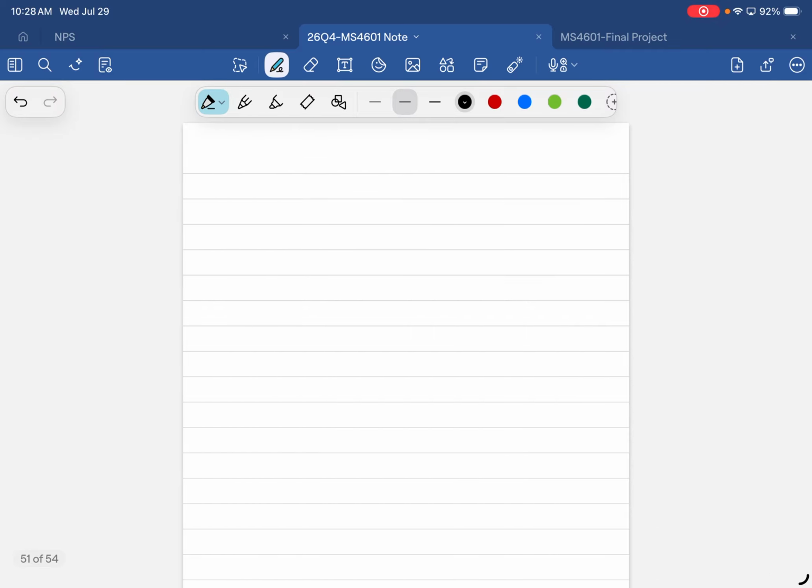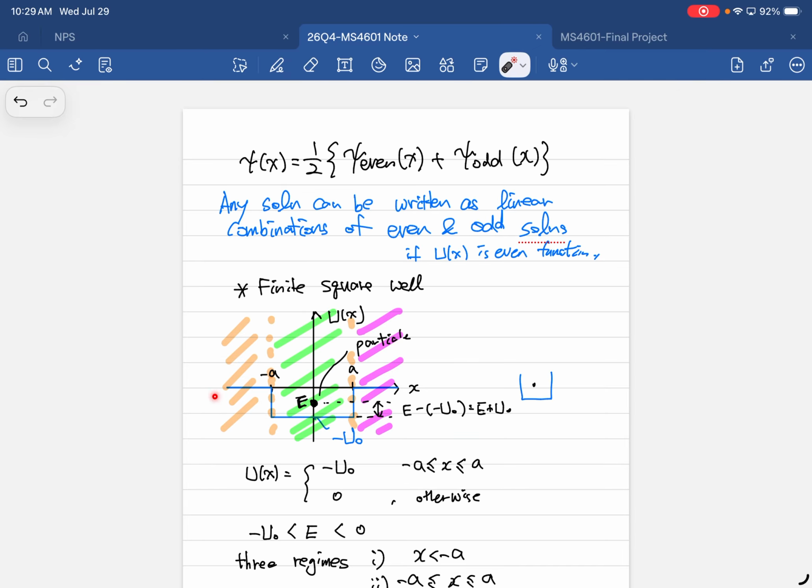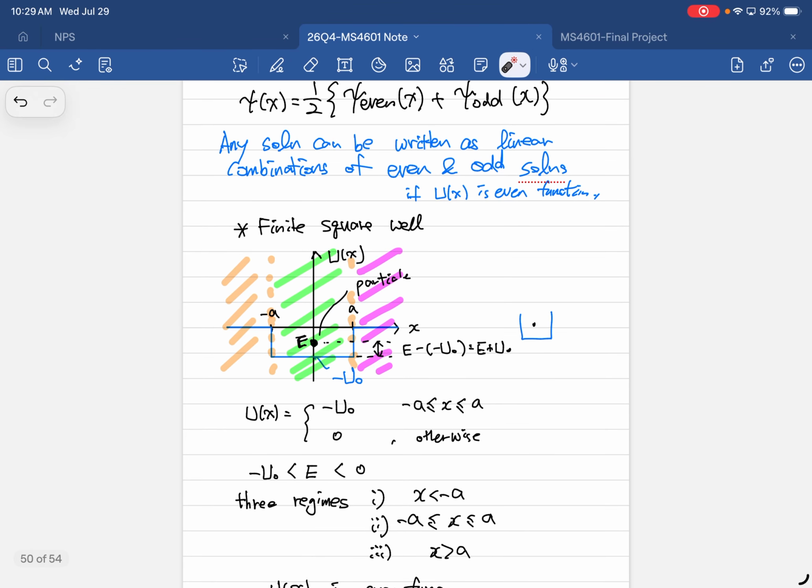Let us look into regime 1, so that is essentially X smaller than negative A. We look into this regime, and for that we have to solve the Schrodinger equation.